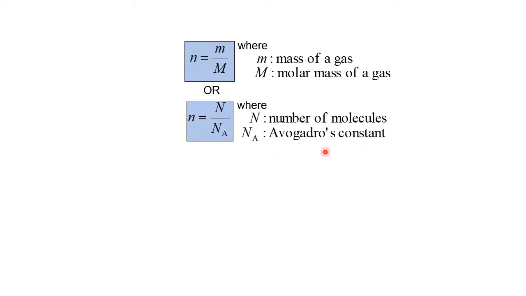Dalam chemistry pun kamu selalu jumpa lah. Okay, so kamu boleh juga dapat number of mole daripada number of molecule divide with Avogadro constant. Avogadro constant nilai dia adalah 6.03 times 10 to the power of 23.